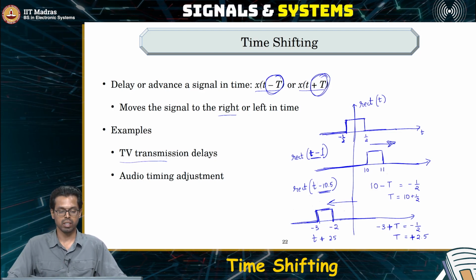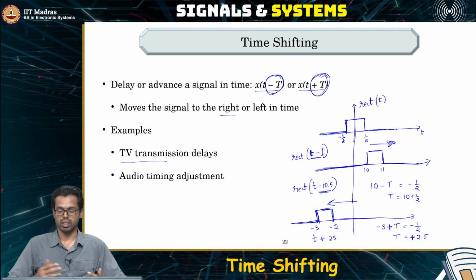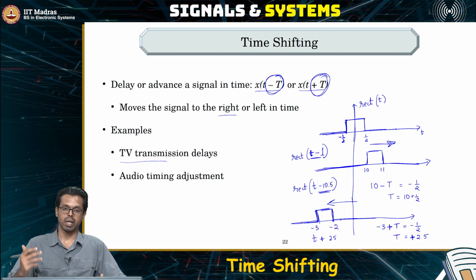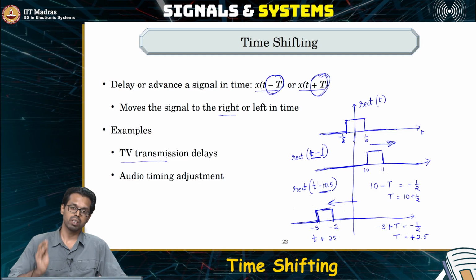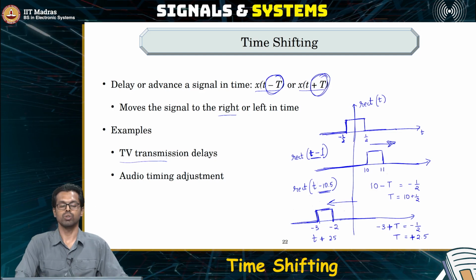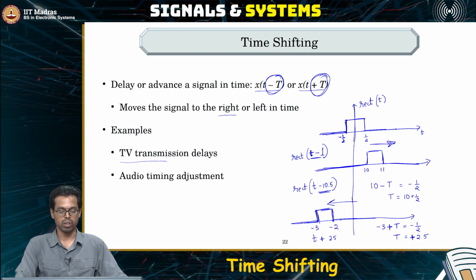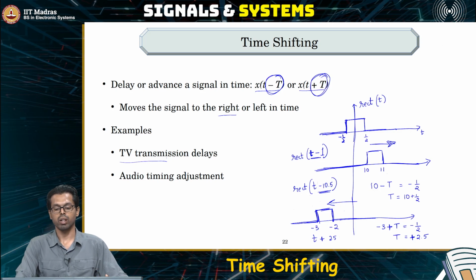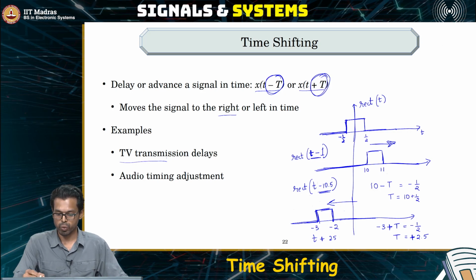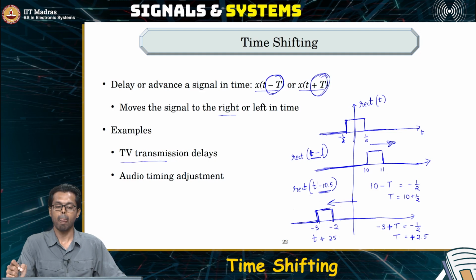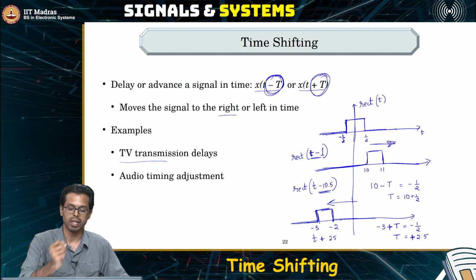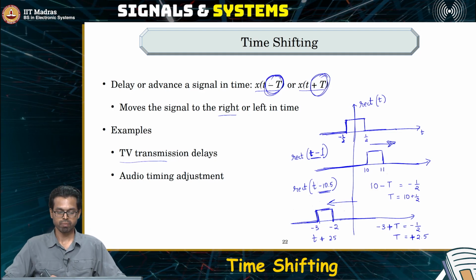There might be a delay that you see in your TV of, let's say, 2-3 seconds. That's because the time taken for the signal to travel to the satellite and come back is so long that there is a delay introduced, and that delay you can model as moving the signal to the right graphically and subtracting some value in time analytically.